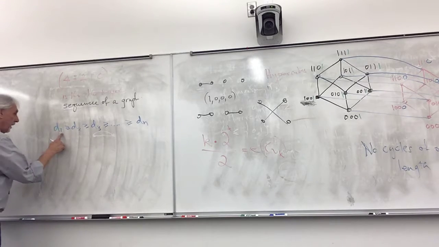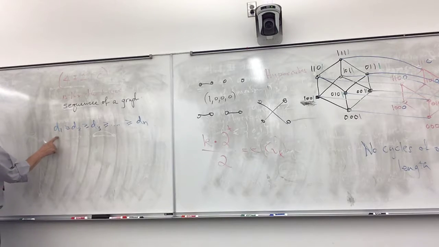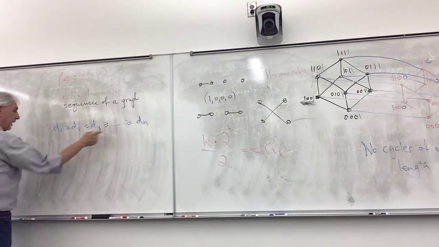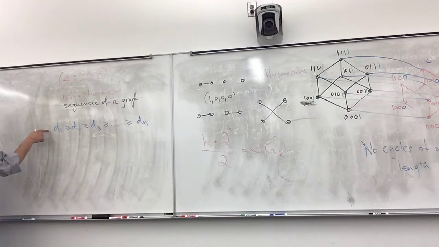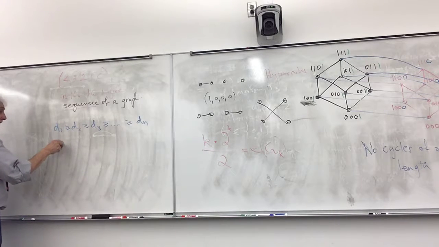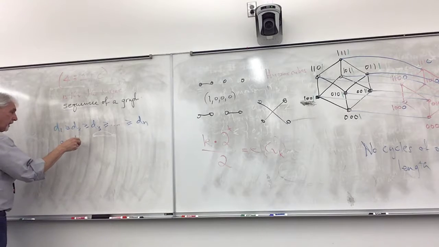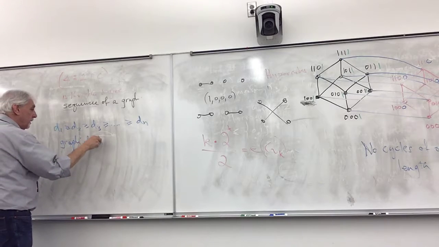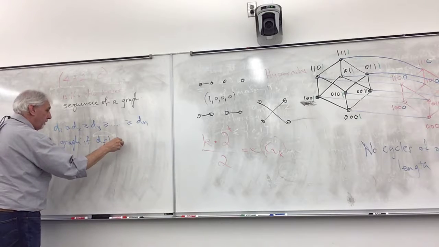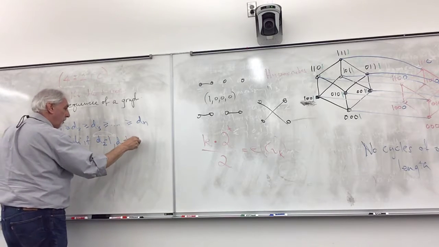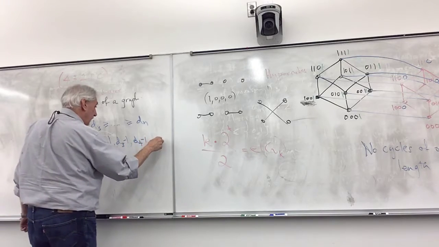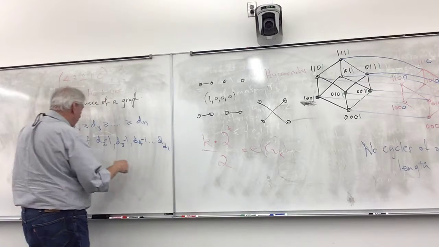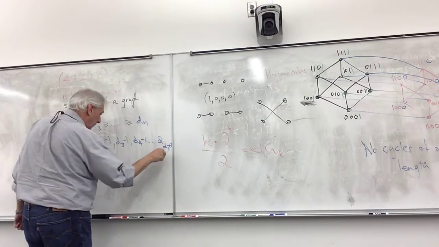Ideally, this is the vertex of highest degree, and it should be adjacent to the next D1 vertices. So the sequence D1, D2, D3, ..., Dn is graphic if there's a graph with this degree sequence, if D2 minus 1, D3 minus 1, D4 minus 1, watch me carefully, down to D sub D1 plus 1 minus 1.